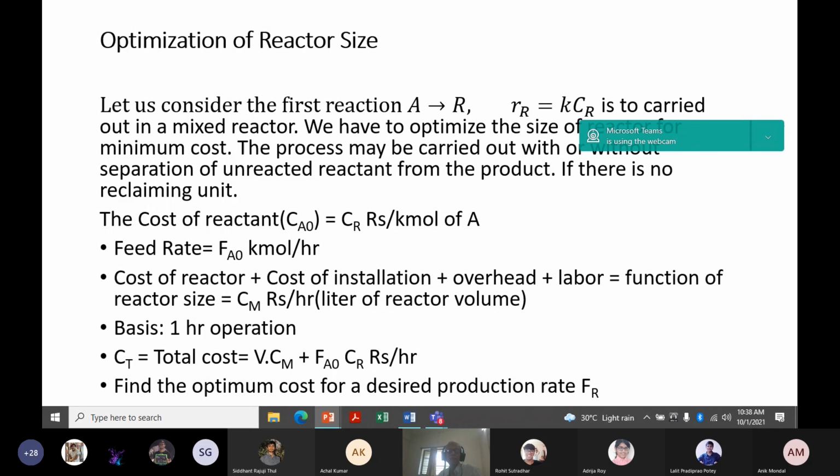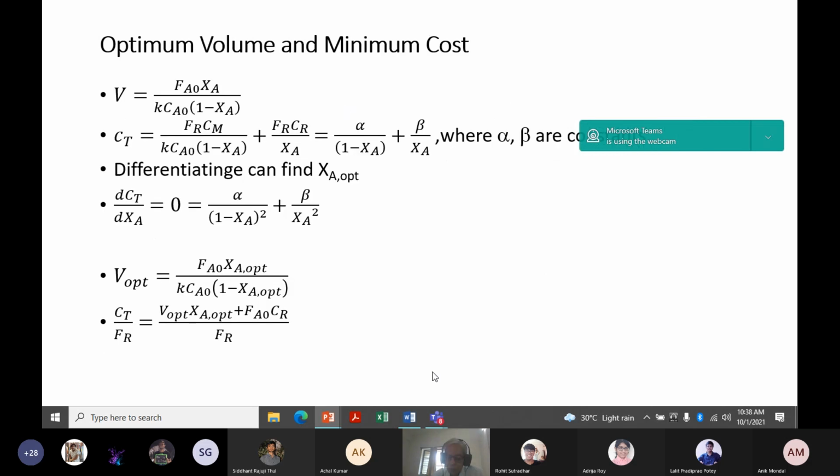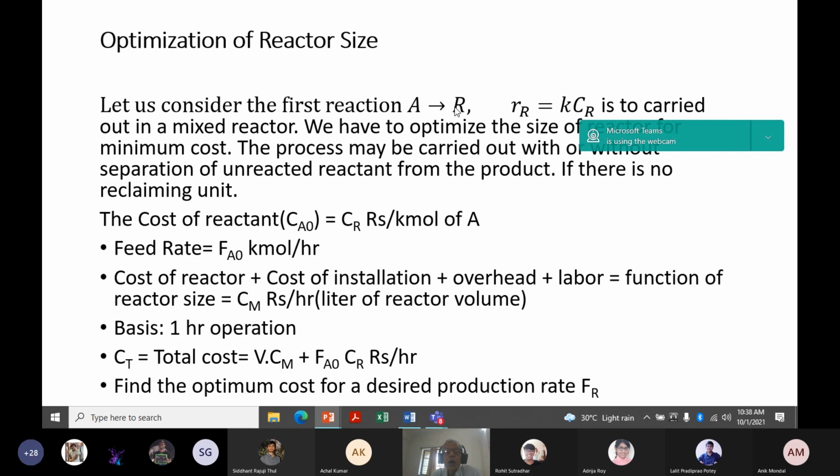Let us consider the first order reaction A to R, rR is equal to K CA, this is not CR, KCA, to be carried out in a mixed reactor. We have to optimize the size of the reactor for minimum cost.